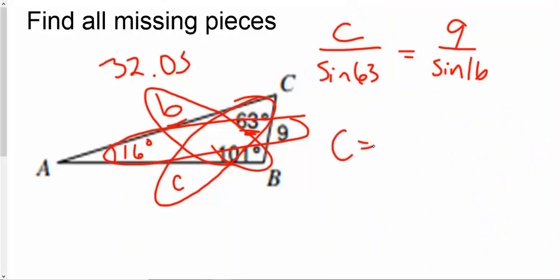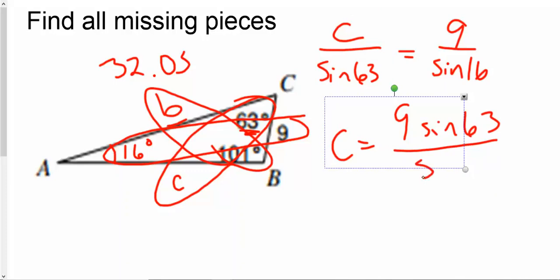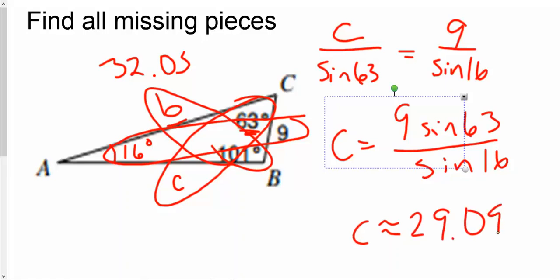So c would equal 9 sine of 63 divided by sine of 16. We expect this to be a little bit closer to 9, but still might be pretty close to 32. And we get c is approximately 29.09. So again, still pretty big, but 16 degrees is just such a small angle.